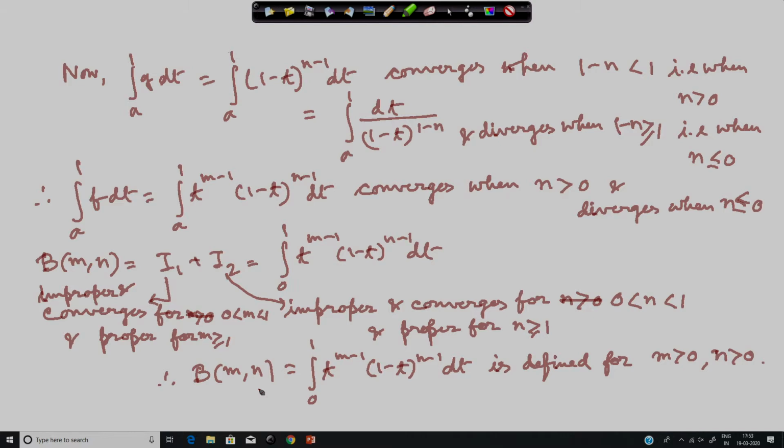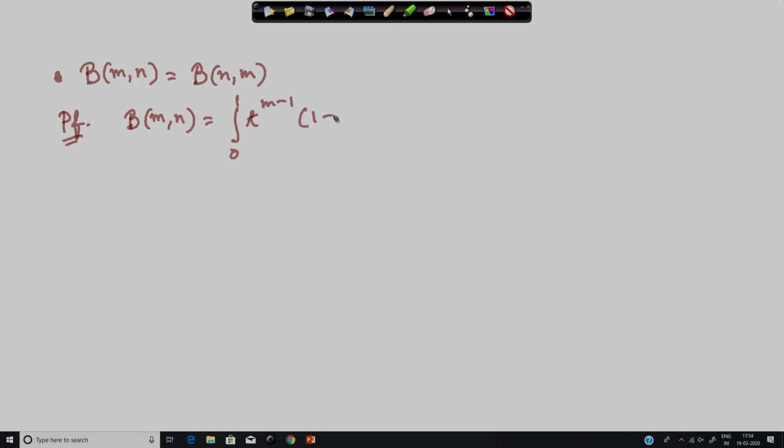Okay. Now let us do some problems with the beta function and gamma function. First, let me prove that beta m n equals beta n m. Proof. Beta m n is the integral from 0 to 1 of t to the power m minus 1 times (1 minus t) to the power n minus 1 dt.